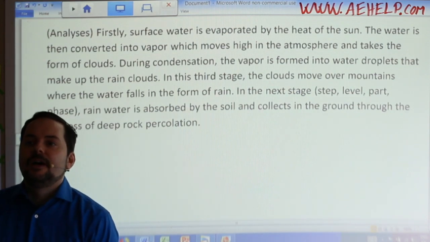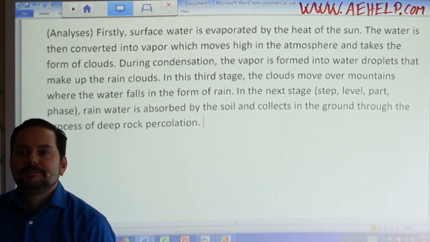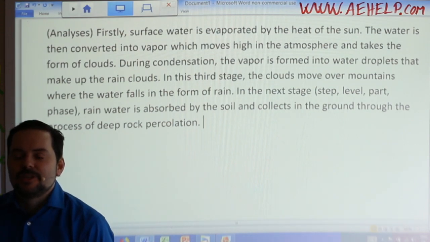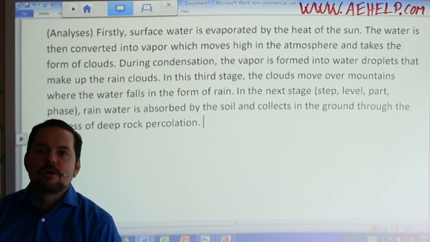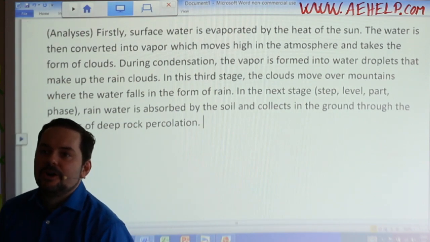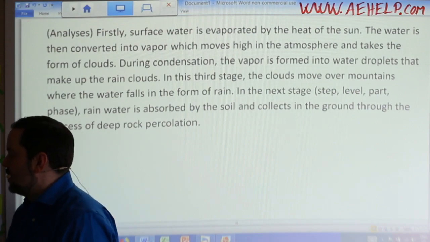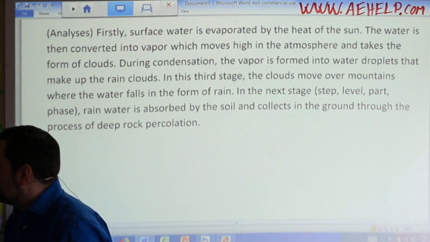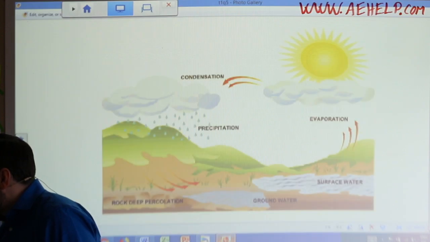Anybody know what deep underground lakes are called? So what is an underground lake? This is just some interesting vocabulary for you. They're called aquifers. An aquifer is a deep underground lake. So rainwater is absorbed by the soil and collects in the form of groundwater through a process called deep rock percolation. Now, groundwater goes where?